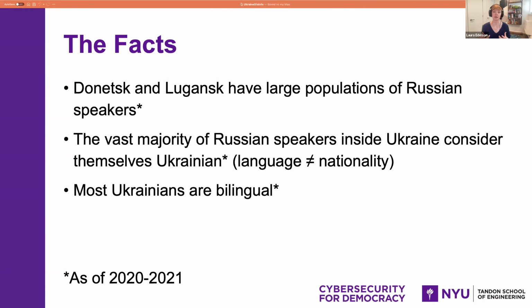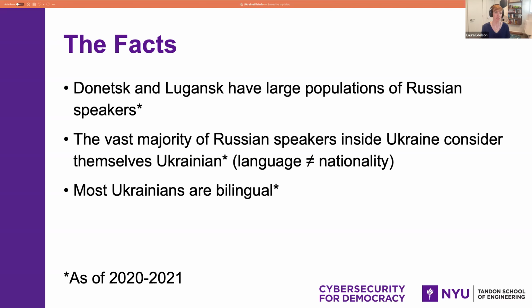Donetsk and Luhansk are the Ukrainian regions with the largest proportion of Russian speakers. However, most Ukrainians nationwide are bilingual, and surveys of native Russian speakers inside Ukraine show that the vast majority of them think of themselves as Ukrainian.